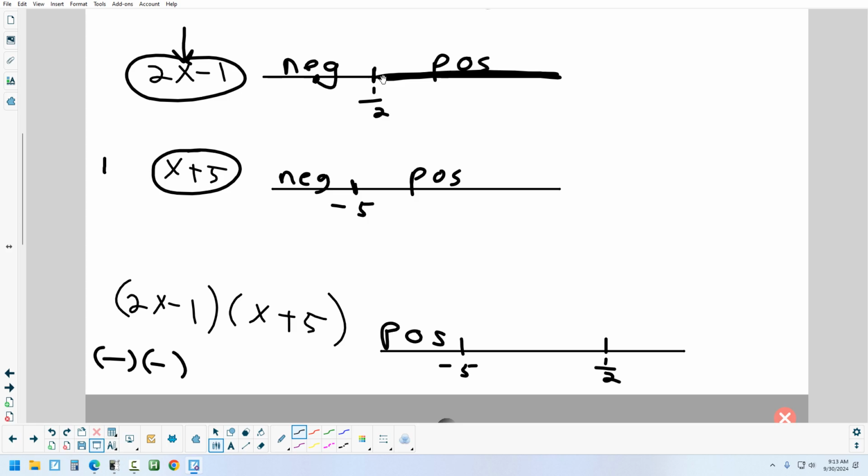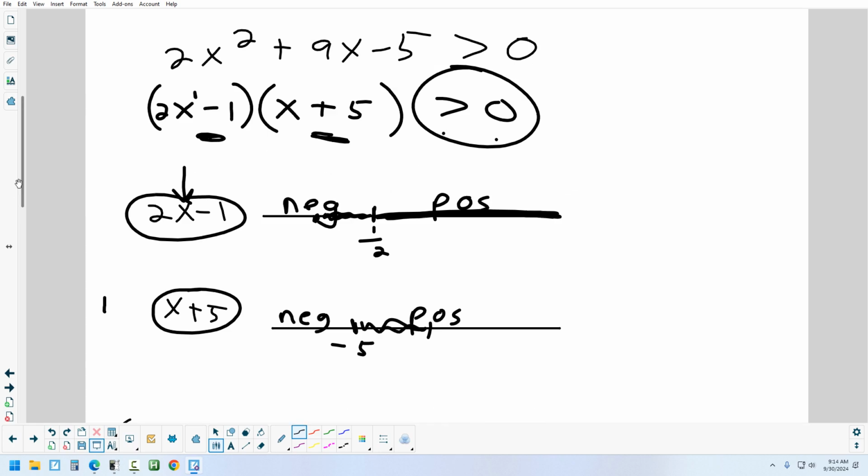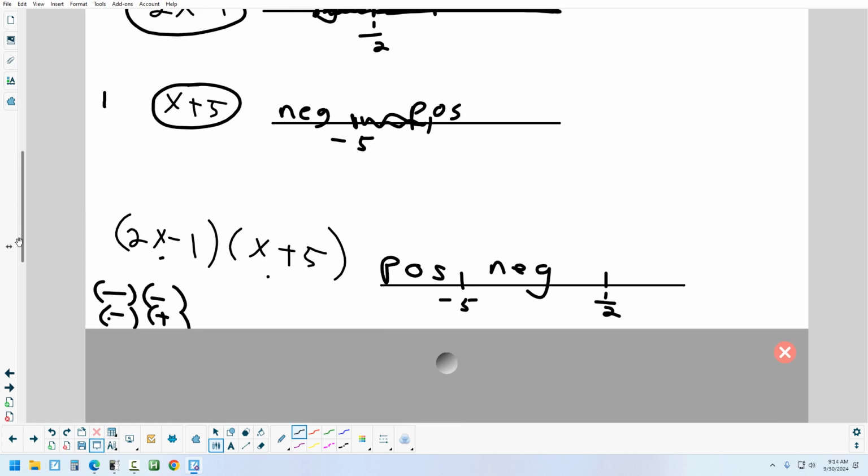Would 0 be in this section? No, it wouldn't. Between -5 and 1/2 is right here. You would be in the negative section. How about in the bottom number line? If you were between -5 and 1/2, what section would you be in? Positives. You'd be right in here somewhere. And if you multiply them together to get the product, a negative times a positive is a negative. So if you pick any number between -5 and 1/2 and fill it into the original problem, I guarantee it will come out negative as an answer.